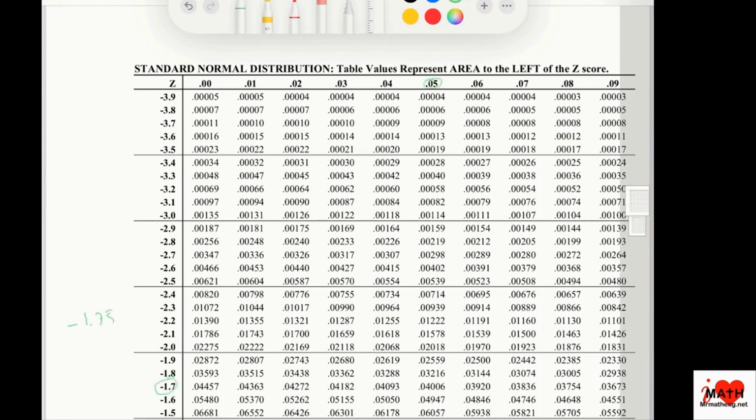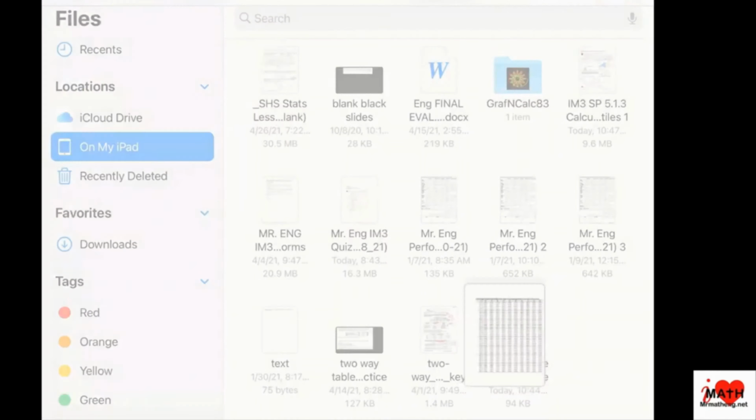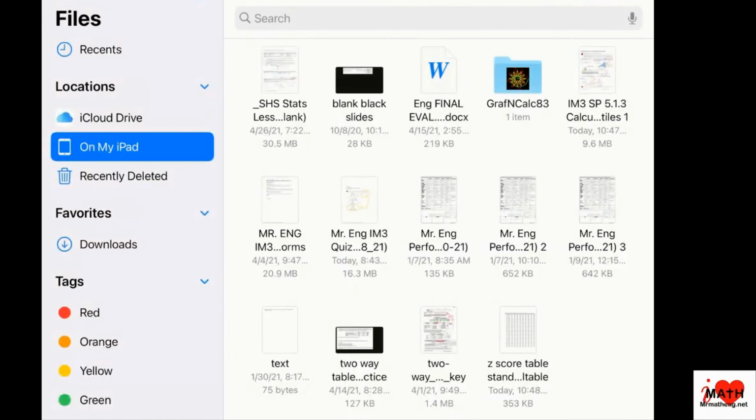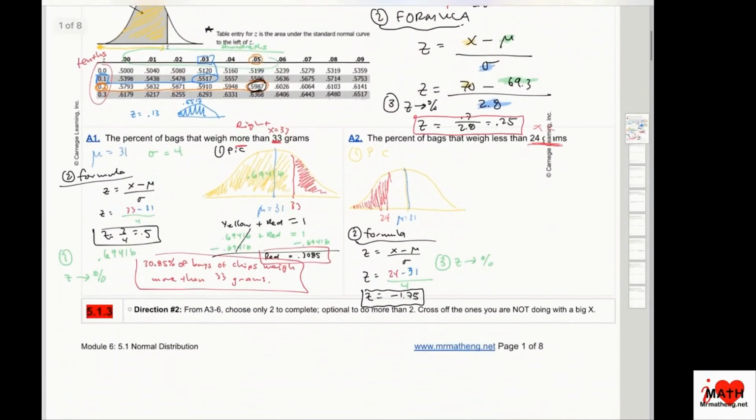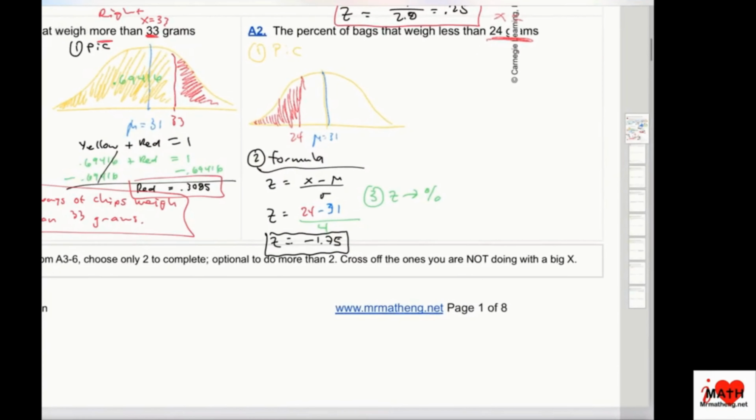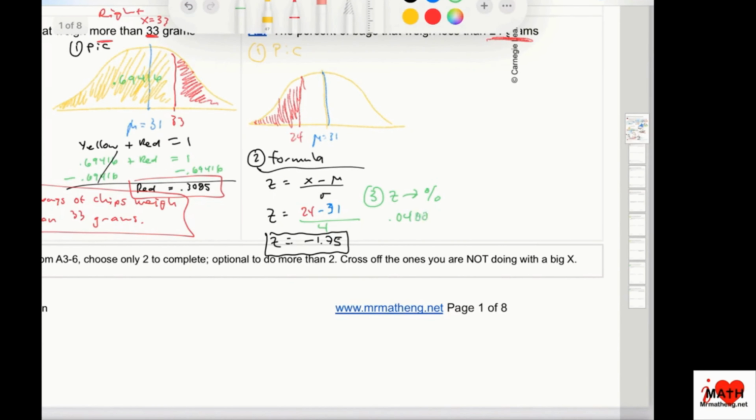And then I need to look here. So that would go all the way down to this value right here. Negative 1.75 is 0.04006.